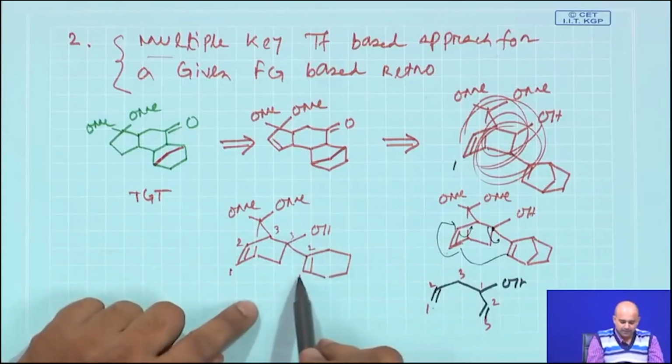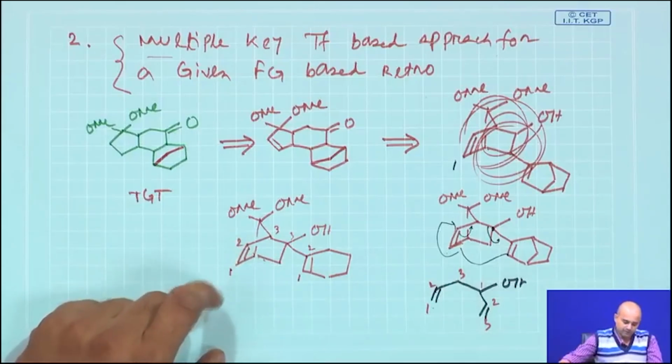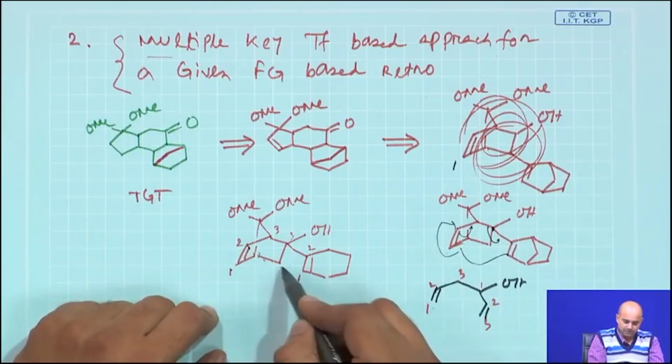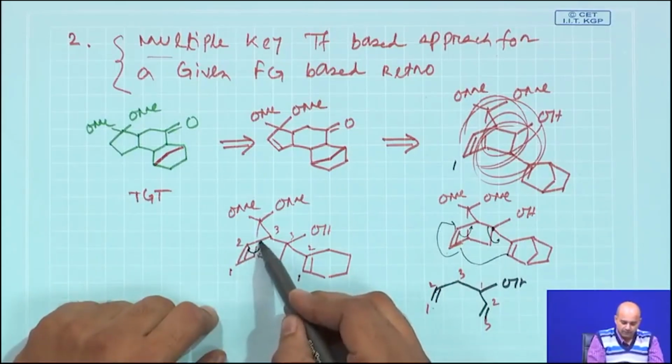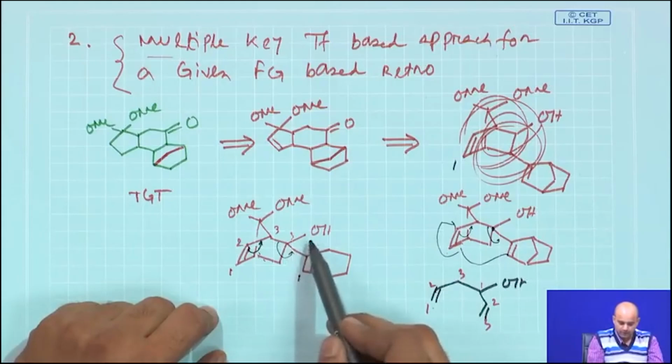So, this comes, this is a direct connection of this with this, with this pi bond comes here and this comes here. Okay. Now, you are getting a pi bond here which is now an enol.